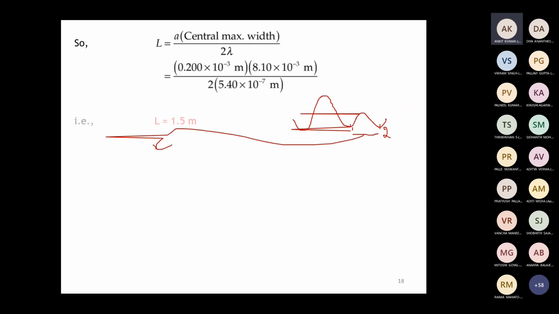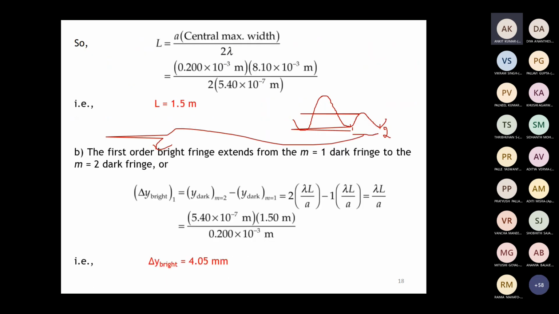Okay. Copy it down. The moment you have copied down, just let me know. Somebody was asking for time to copy it down.